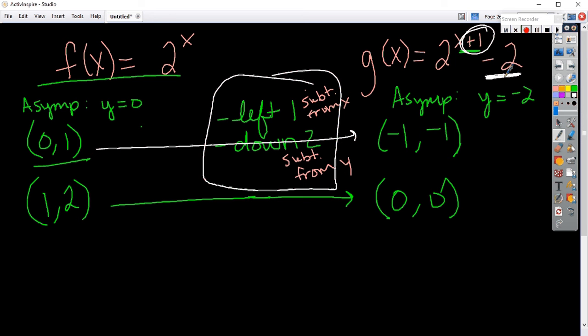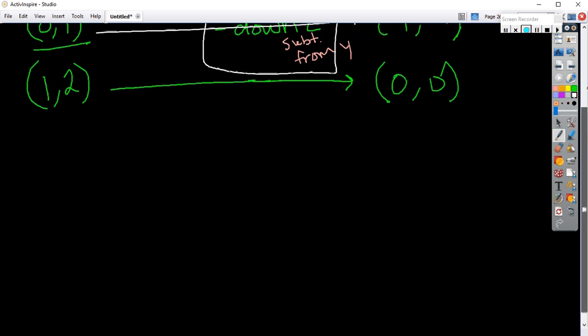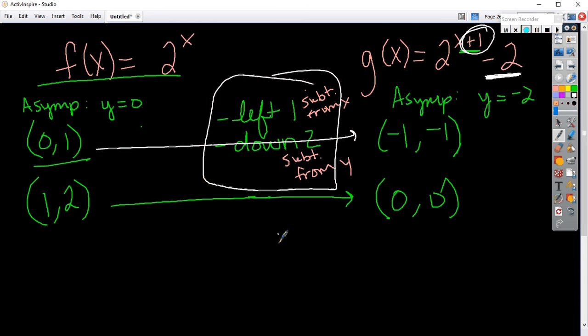So now let's look at what it looks like when we graph it. All you need is the asymptote and 2 points, and you can do it. My asymptote is at -2, right? And then I have -1, -1, and 0, 0. Remember what growth and decay look like?